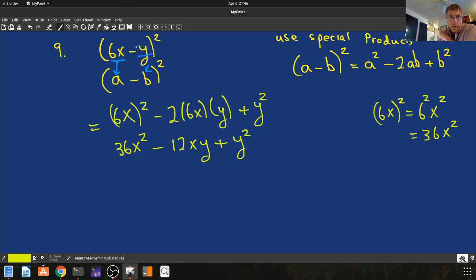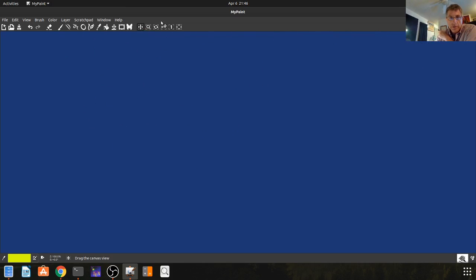The next one I'm going to do is going to be another factor, and this is number 13. We're supposed to factor x squared minus 5x minus 36. So notice this is x squared minus 5x minus 6 squared.